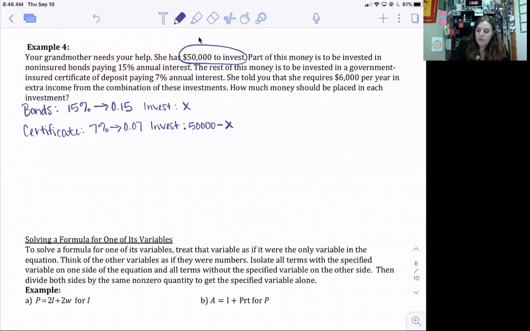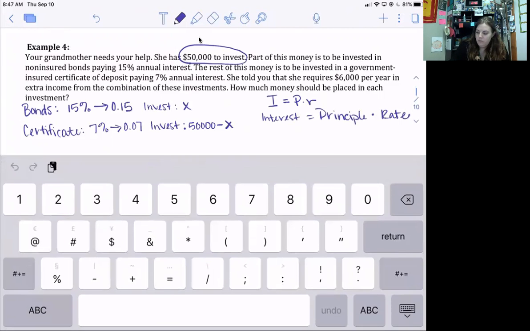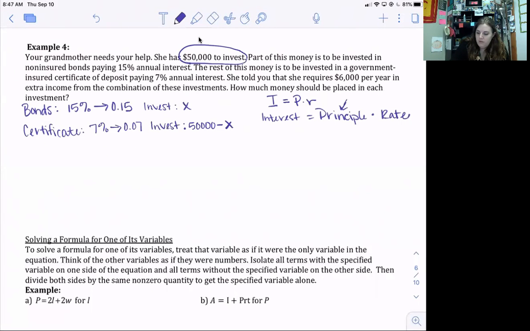Okay. When we're looking at interest, we use the formula I equals, for here, we're going to use P times R. So interest equals the principal, which is our starting amount, times the rate. And here our principal is our investment dollars. Okay.